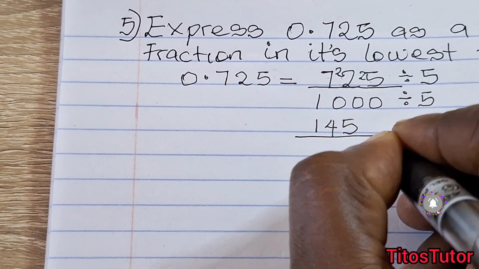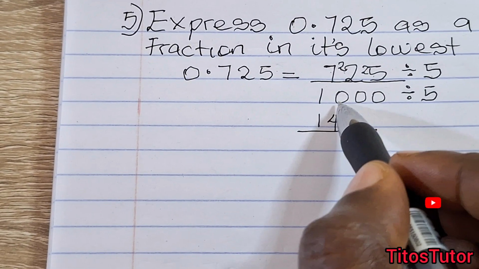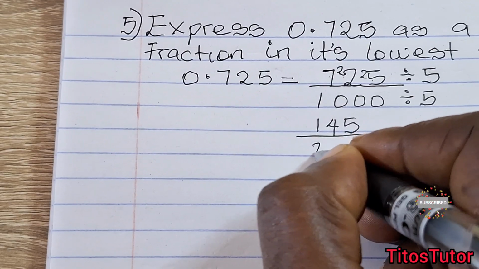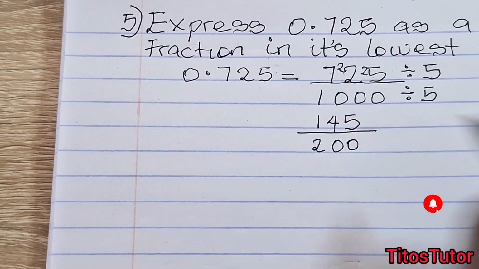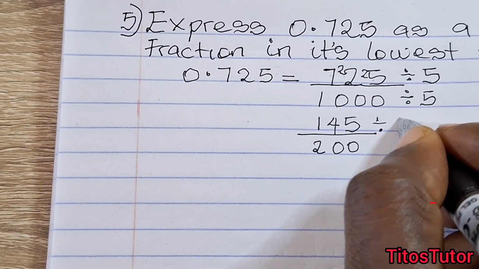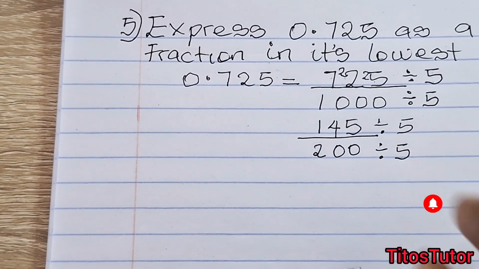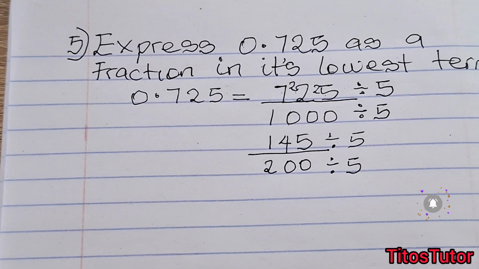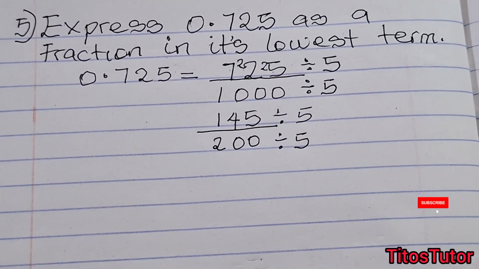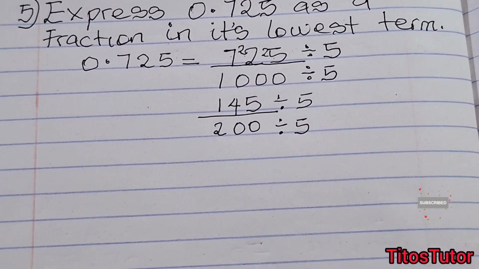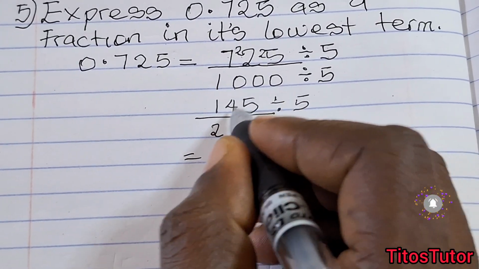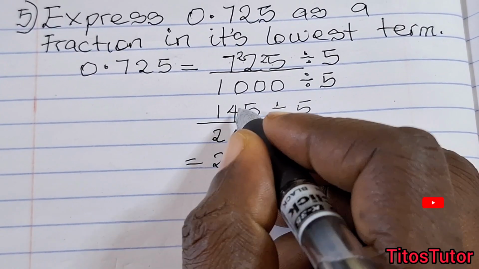So that's 145 over 10 divided by 5 is 2, and with 2 zeros. I'll divide by 5 again because they are both multiples of 5, right? Okay. So dividing by 5 again will give me 14 divided by 5 is 2, remainder 4.